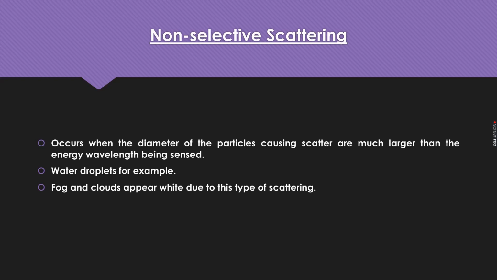Whenever we see white clouds in the sky, that is due to non-selective scattering. So as you have seen, all these scatterings are based on the wavelength of the EMR and the diameter of the particle with which the EMR is interacting. So we can say that scattering is the reason for various phenomena that we see in our day-to-day lives.